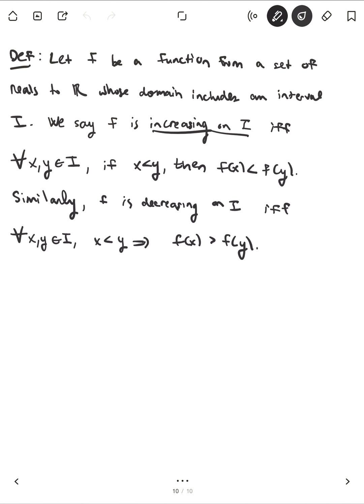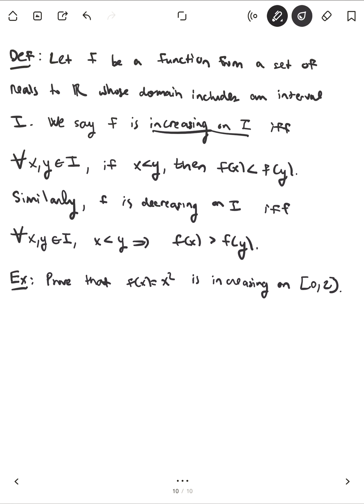But let's do some hardcore proofs now. So, example. Prove that f of x equals x squared is increasing on 0, 2.